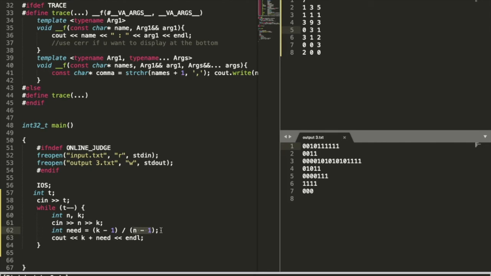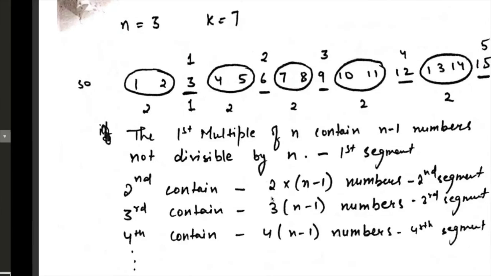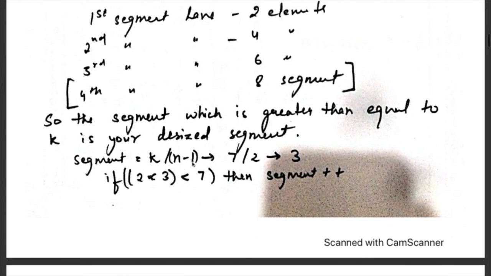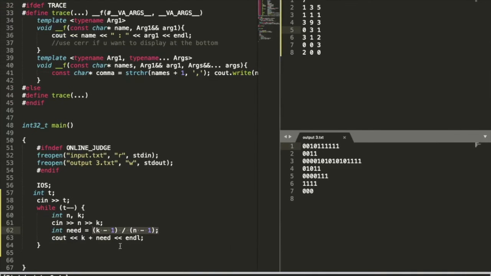It will always give me a value equal to segment minus 1. If you don't understand this, you can simply do as I told here: apply this equation, check the condition, increment the segment and add k plus segment minus 1. Or you can directly calculate this needed number and add it to k, and that will result in your answer.